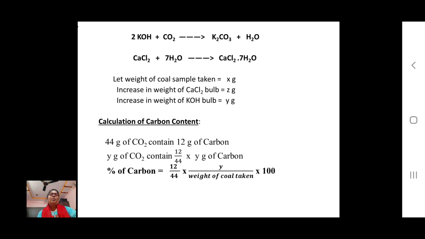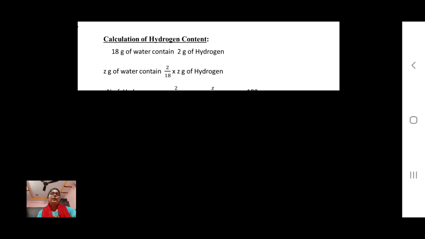So percentage of carbon is equal to 12 divided by 44 multiplied by y divided by the weight of coal taken, x, multiplied by 100. Using this formula, we are able to find the percentage of carbon in the given sample of coal.